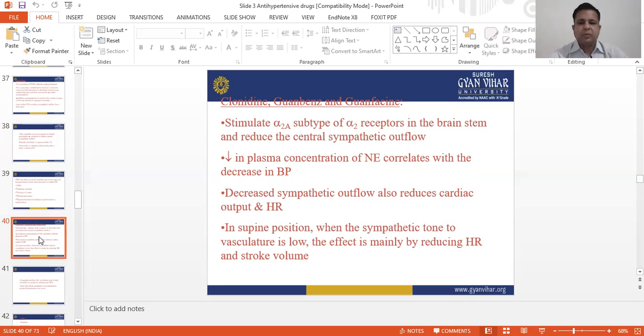In the supine position, when the sympathetic tone to the vasculature is low, the effect is mainly by reducing heart rate and stroke volume.